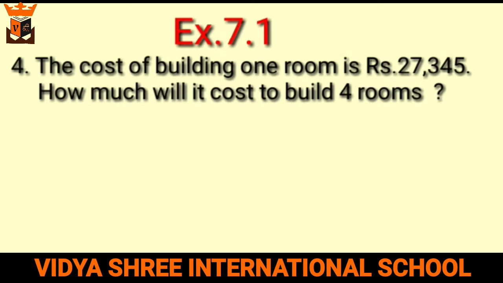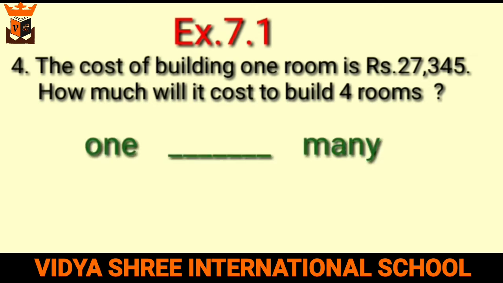Question number 4 is, the cost of building one room is 27,345. How much will it cost to build 4 rooms? So here the cost of building one room is given and you have to find the cost of building the 4 rooms. So frame the statement like this.